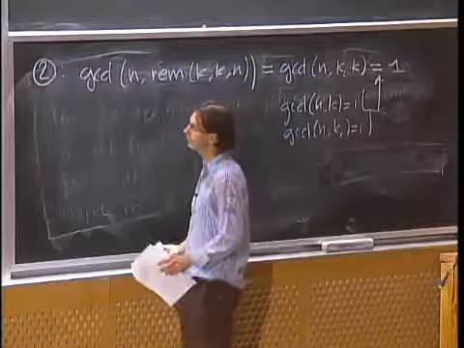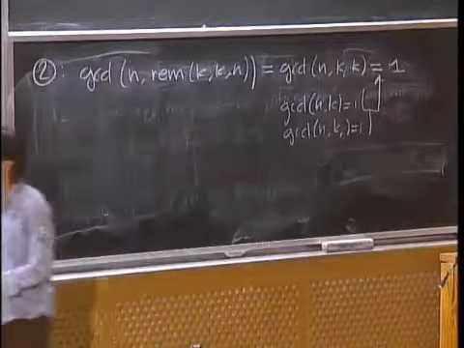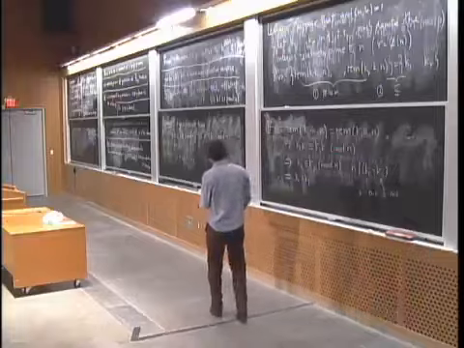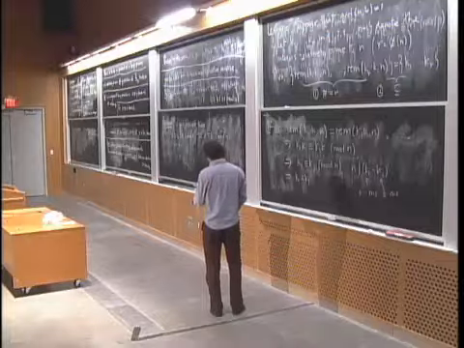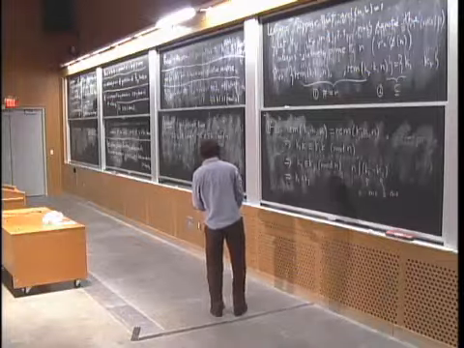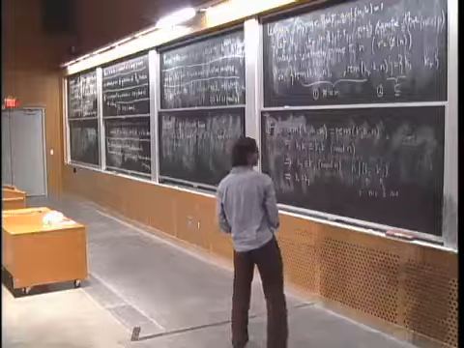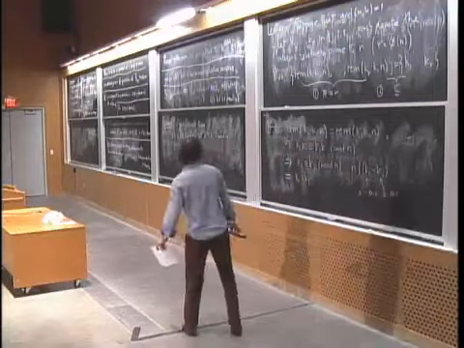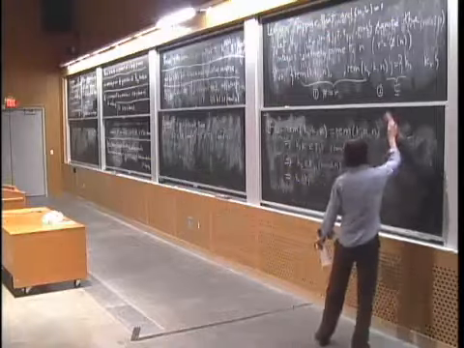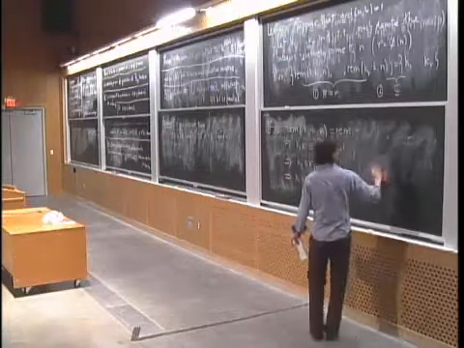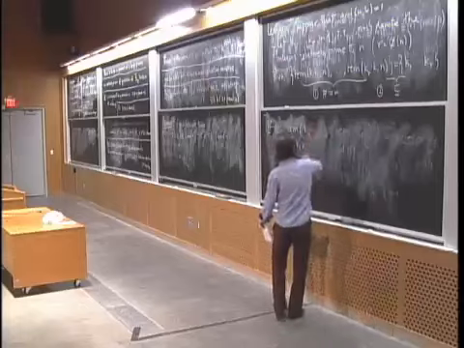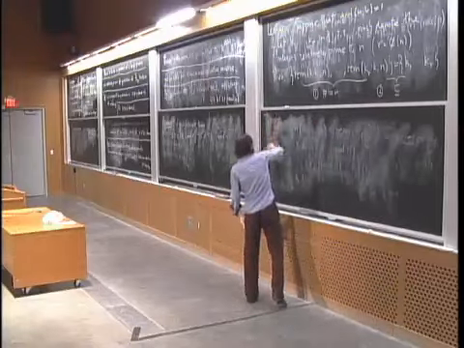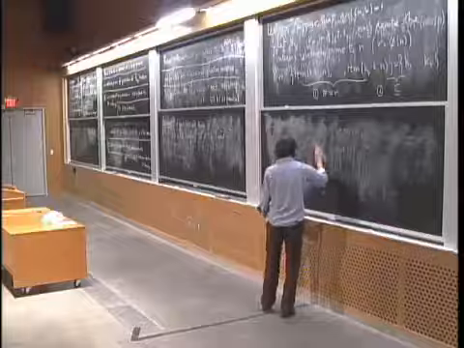So now that we have shown this particular lemma, we can continue and prove Euler's theorem. And I will probably need to wipe out some of this. Yep. So let's use this lemma to prove this theorem.